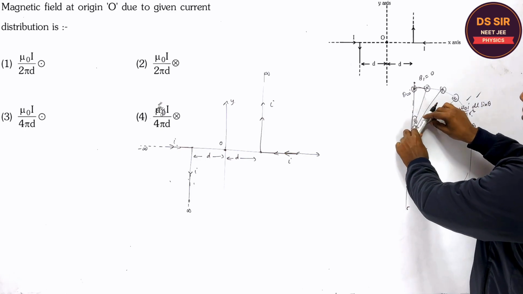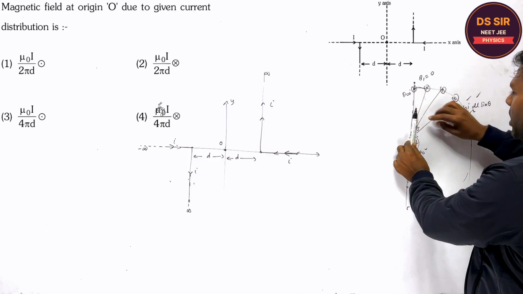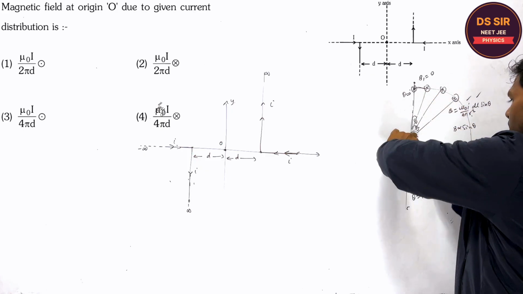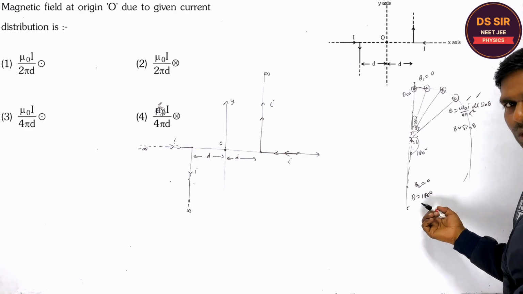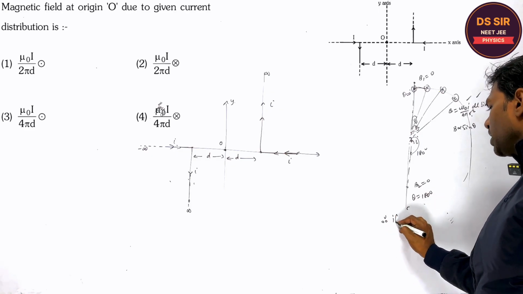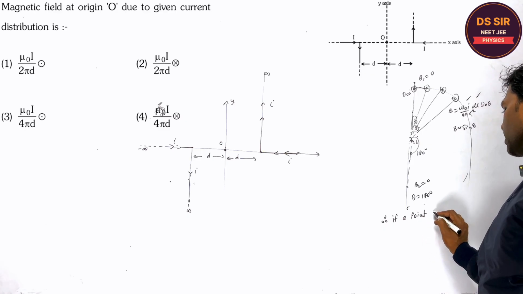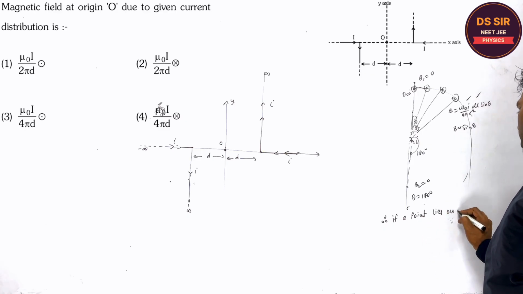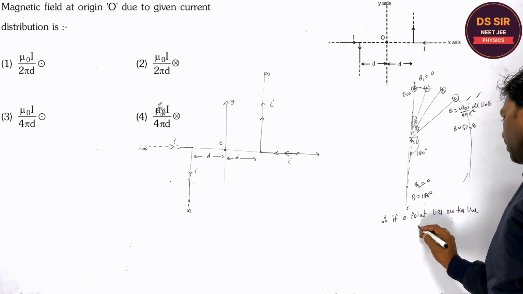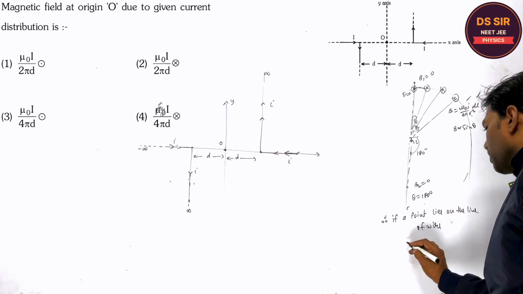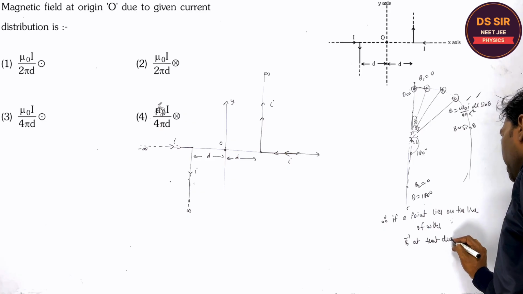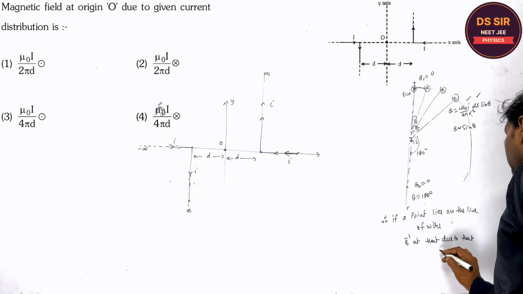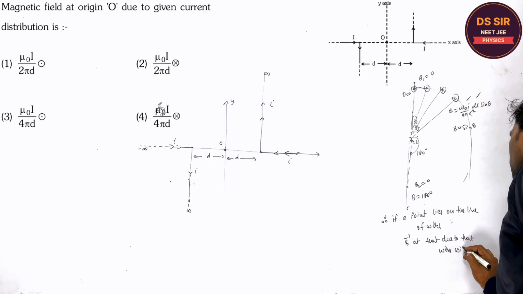This is reducing, this is increasing. So the angle theta increases to 180, and sine 180 is also 0. Therefore, if a point lies on the line of the wire, B at that point due to that wire will be 0.